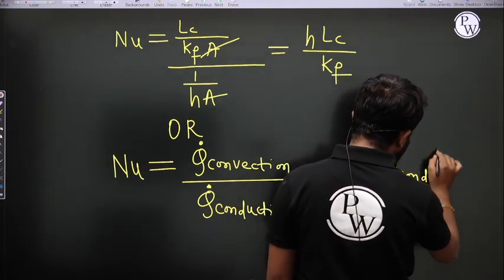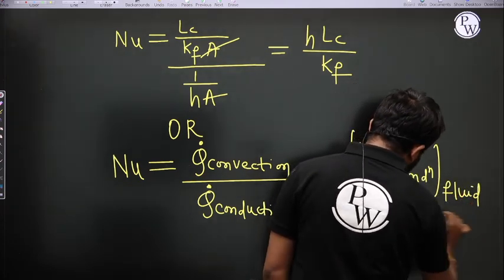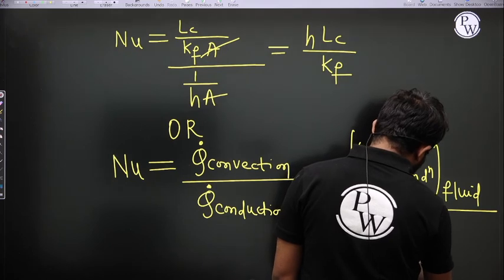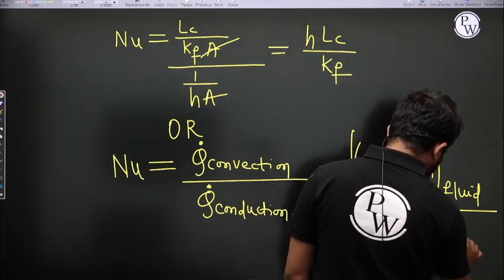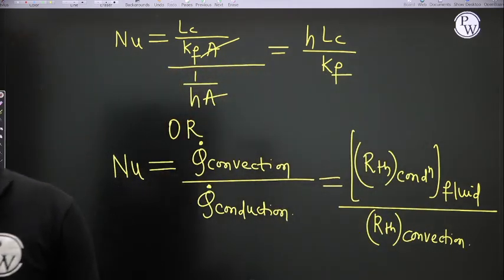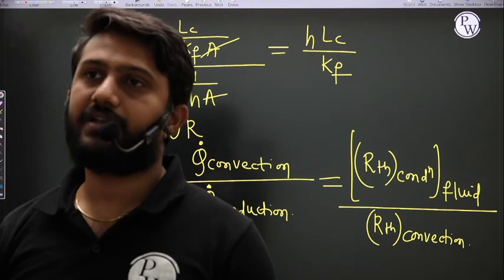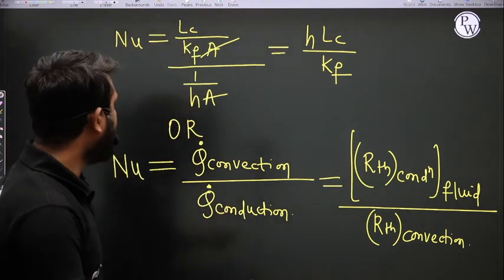So this is R_th conduction of the fluid to R_th convection, right? And we know that if delta T is the same, then the rate of heat transfer is the reciprocal of the resistance. So directly we can write it this way also.